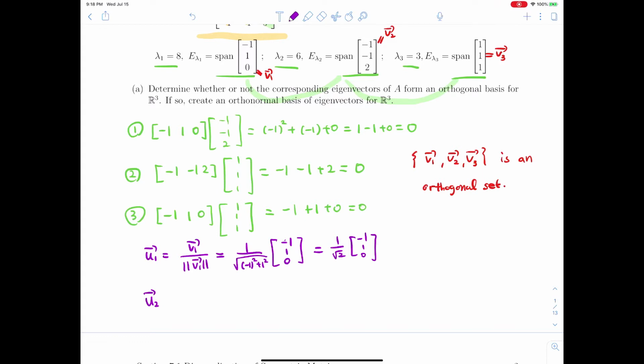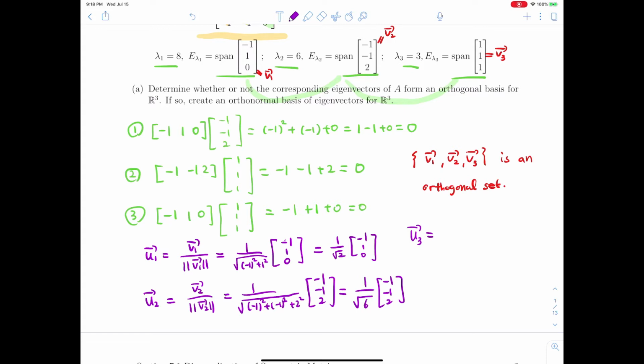And u2 equals v2 normalized: the magnitude of v2 is the square root of (-1) squared plus (-1) squared plus 2 squared, so u2 equals 1 over square root of 6 times (-1, -1, 2). And for u3, the magnitude of v3 is the square root of 3, so u3 equals 1 over square root of 3 times (1, 1, 1).